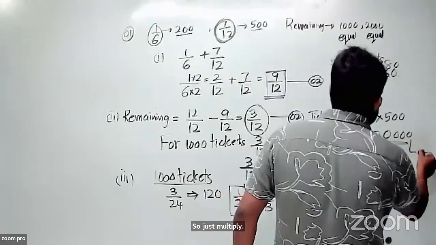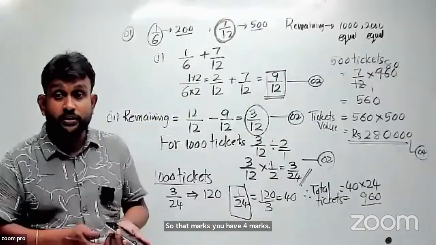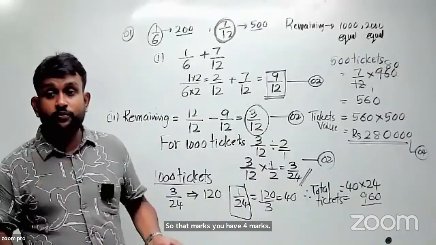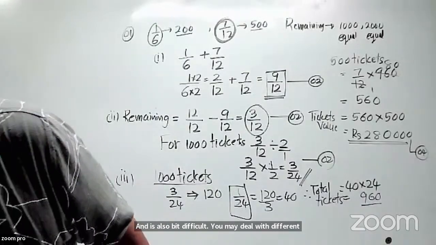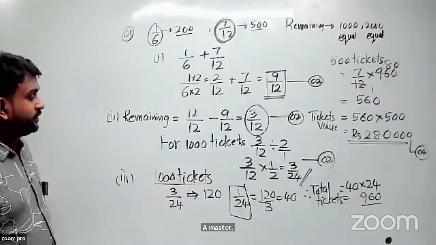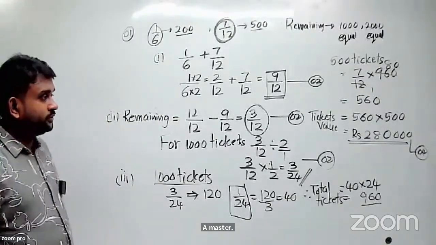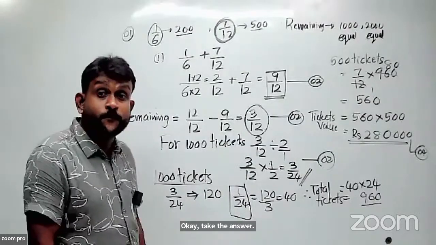For that, you have 4 marks. That is also a bit difficult question. You may deal with it in a different way, but no problem if you get the same answer. That is 4 marks. So altogether 10 marks.